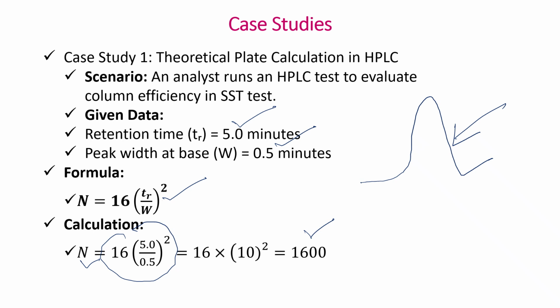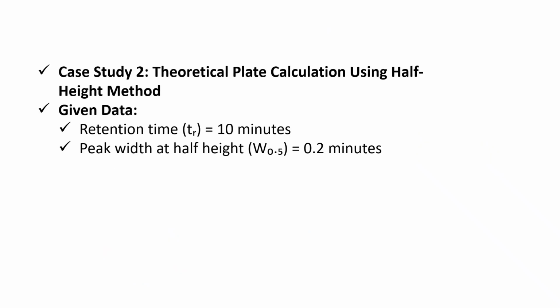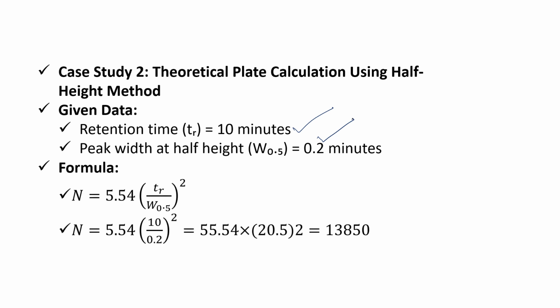Now I am going to discuss how N will be calculated using formula 2. Let us consider a chromatogram contains a peak whose retention time is 10 minutes and width of the peak is 0.2 minute at half height. Now how will formula 2 be used to calculate the theoretical plate?